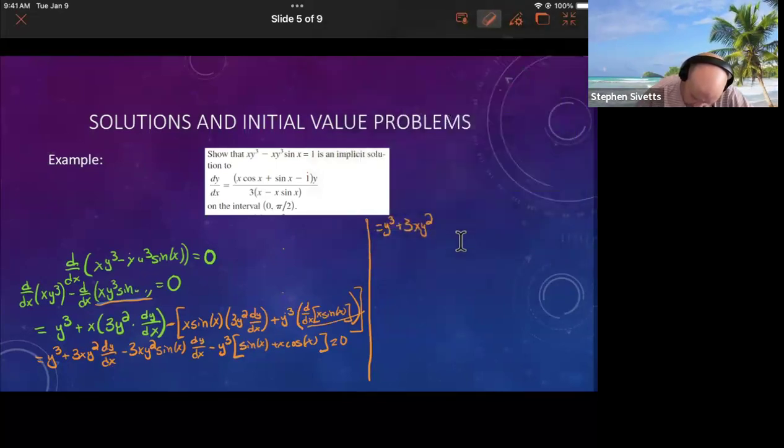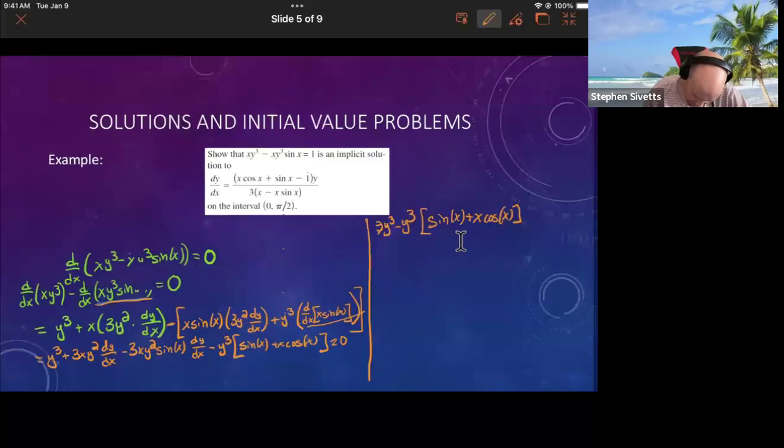Okay, so y cubed, and then I'll have a minus y cubed times sine x plus x cosine x.